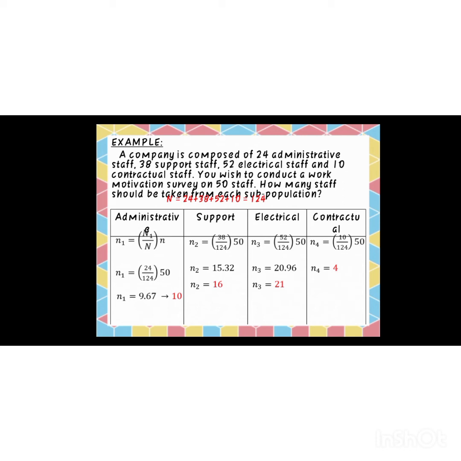Okay, so yung gagawin niyo po, for example, hahanapin niyo po yung allocation po ng n sub 3. So, ang gagawin niyo po muna, ipag-add niyo po muna yung lahat ng mga population size or yung mga subpopulation.